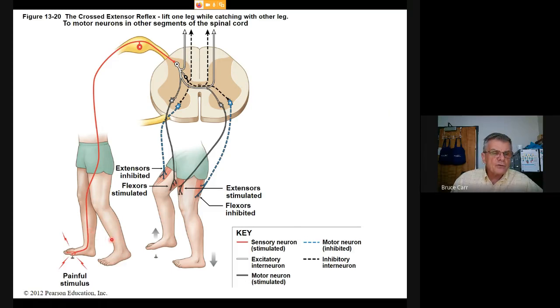And that involves, on the right side, stimulating the flexor of the knee while you inhibit the extensor. On the other foot, you're stimulating the extensor while you inhibit the flexor to produce this almost simultaneous stomp and withdraw, stomp and withdraw.